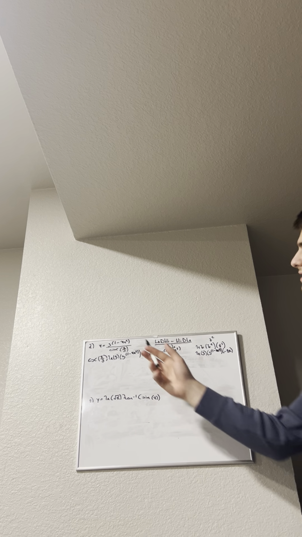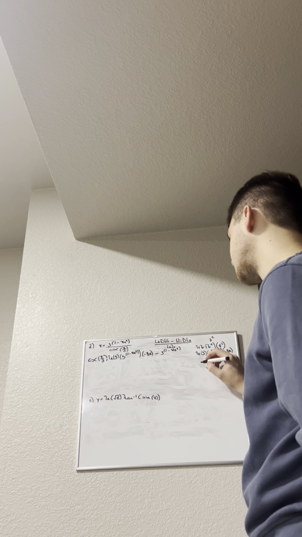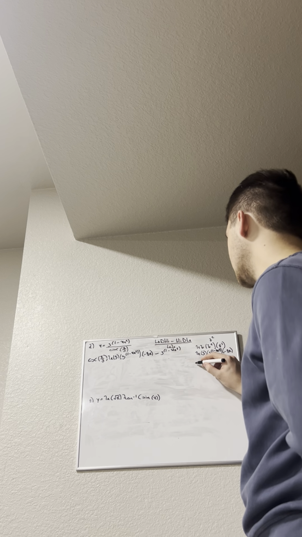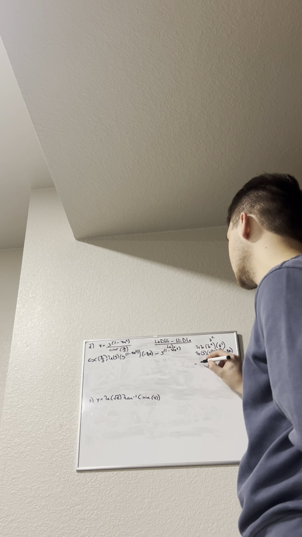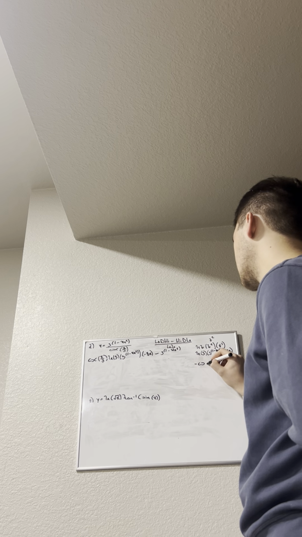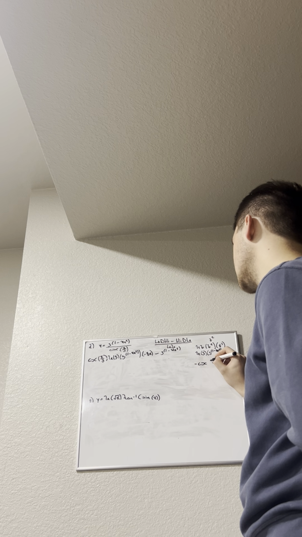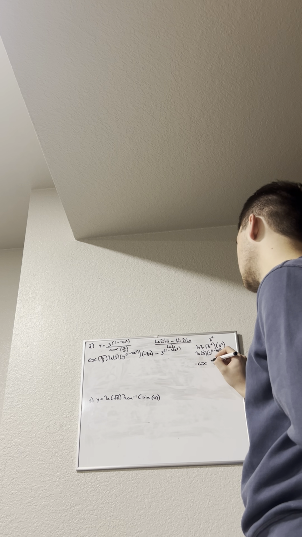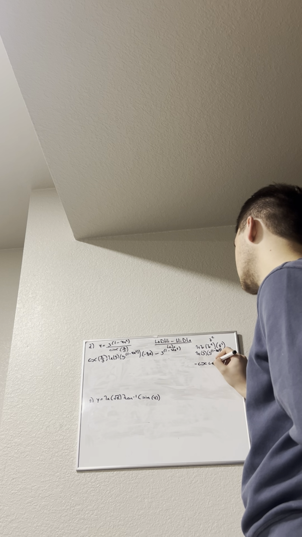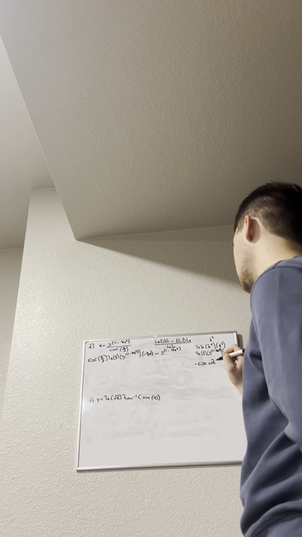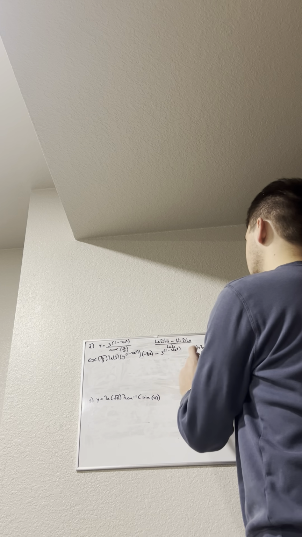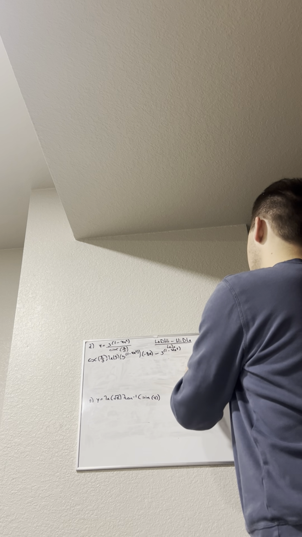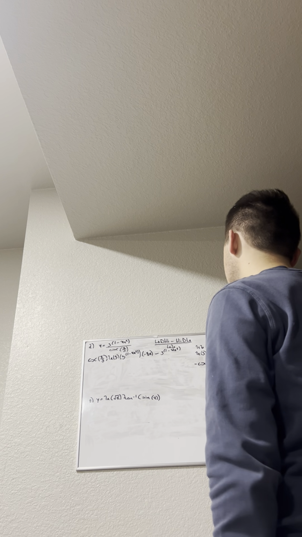Now we have to find the derivative of the denominator, which is cosecant of x over 3. The derivative of cosecant x is negative cosecant x cotangent x.